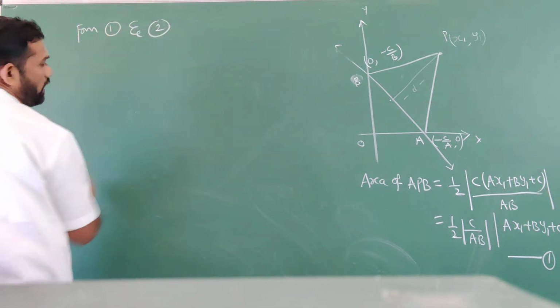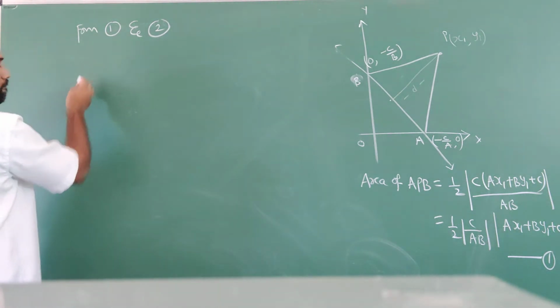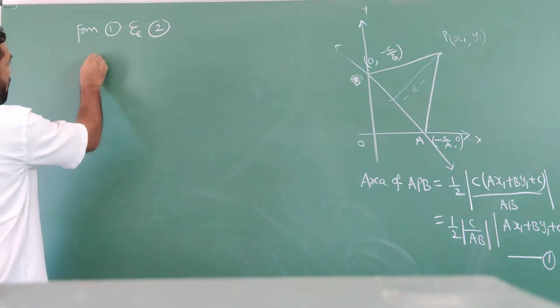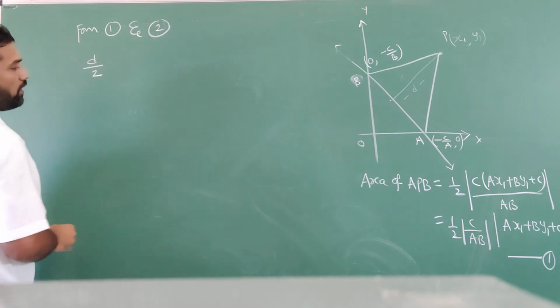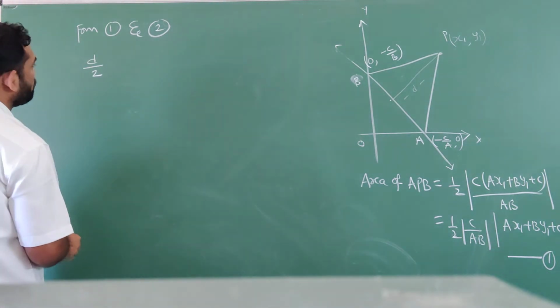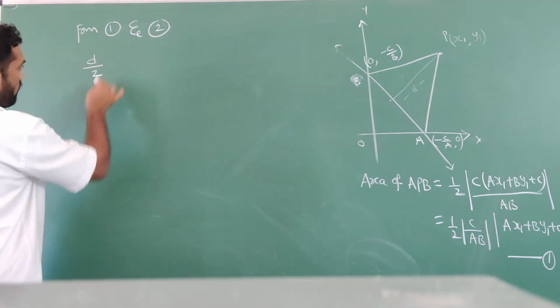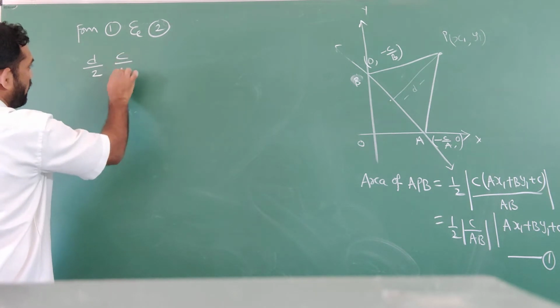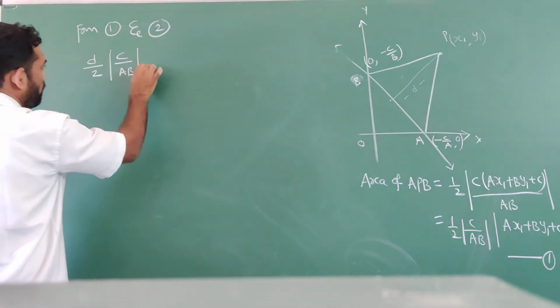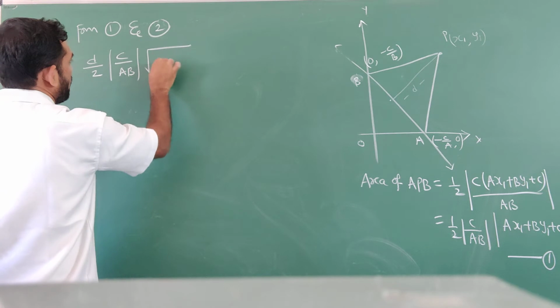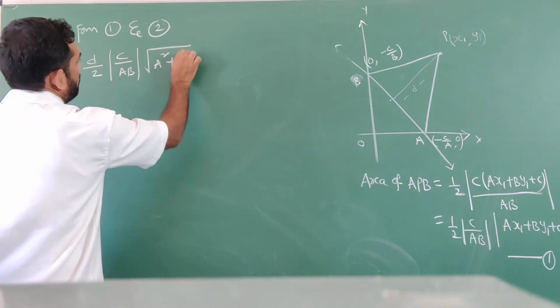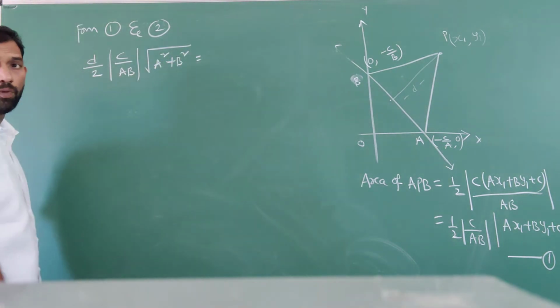From 1 and 2, what happens? From equation 2, D by 2 modulus of C by AB root over A square plus B square. So equation 1 and equation 2 both are equal.